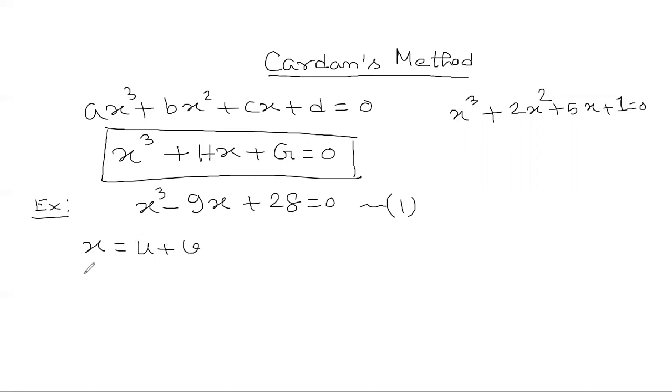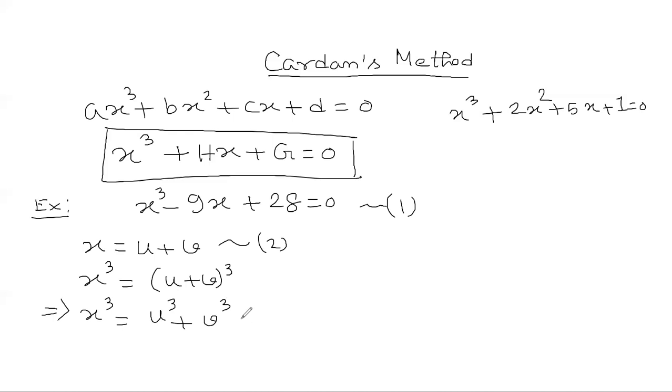Cubing both sides, you will get u cube plus v cube plus 3uv times u plus v. Now what is u plus v?